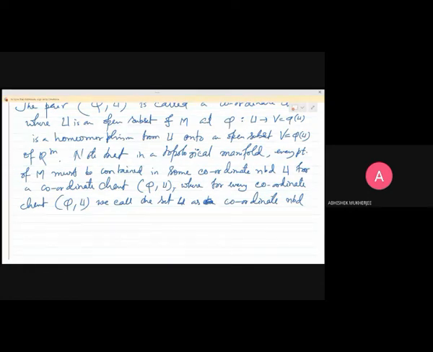And the map phi will be called a coordinate map.